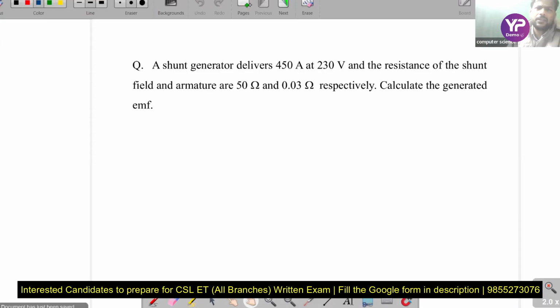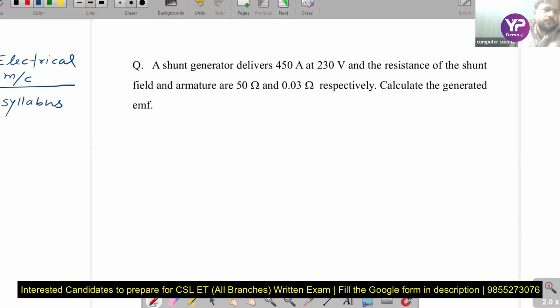In the electrical machine syllabus, we first cover DC generator and DC motor.